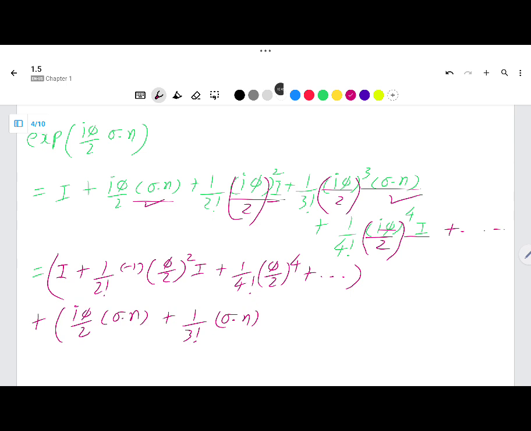There is I cubed. I cubed will give me minus I, and 5 by 2 cubed, and plus I will have I to the power 5, which will be again plus I, by 5 factorial, sigma dot n, by 2 to the 5, and so on.